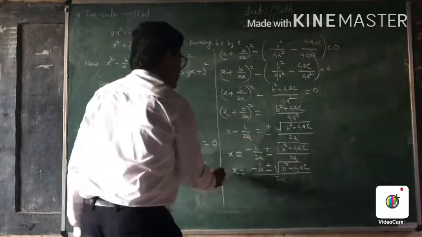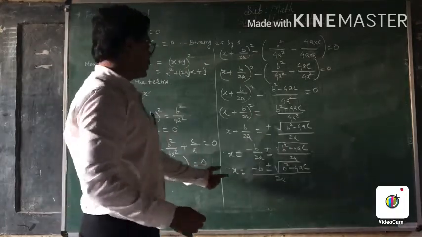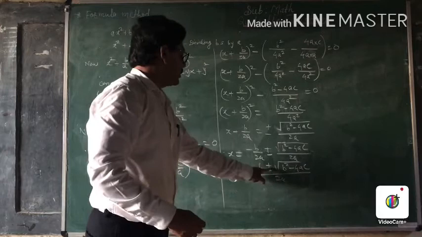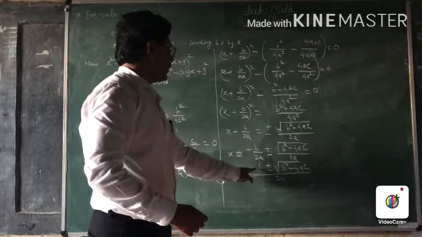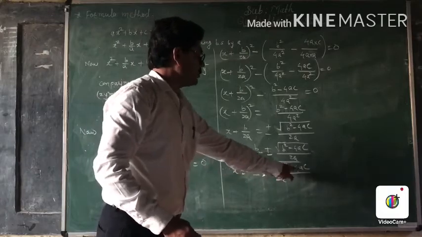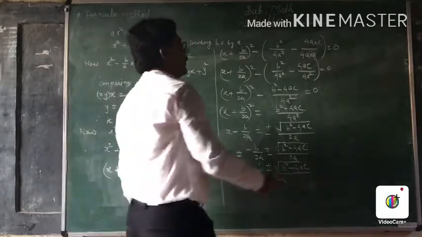And this is the formula for finding out the roots. Here are the two roots: minus b plus root b square minus 4ac upon 2a and minus b minus root b square minus 4ac upon 2a. These are the two roots of the quadratic equation.